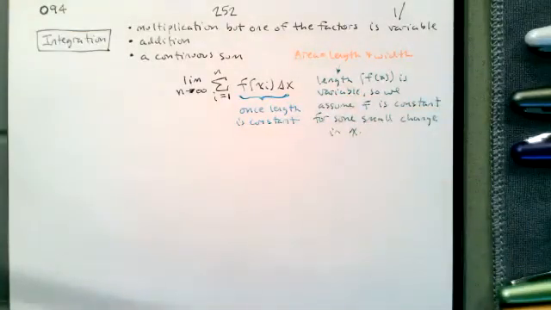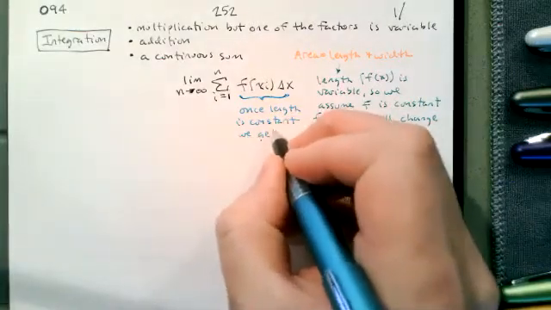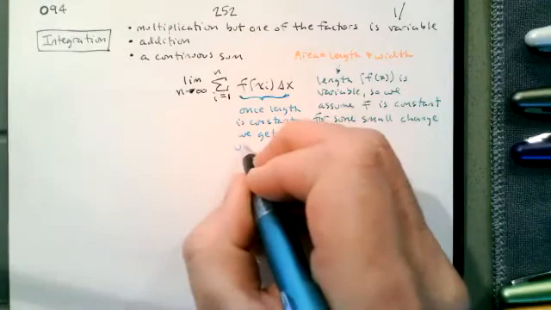So once length is constant for little delta x, we can use multiplication to find the area of a rectangle. And I usually phrase it, we get to use multiplication.